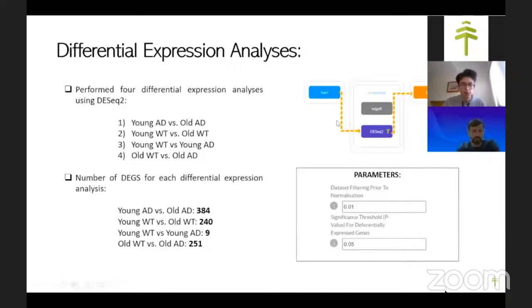And just to explain, I defined young mice as those that were 2, 4, and 6 months old, because based on what I've read, these mice start developing amyloid beta plaques around 6 to 7 months old.